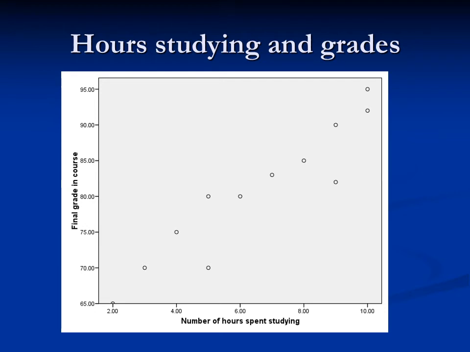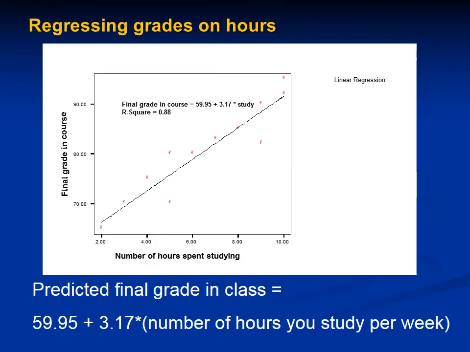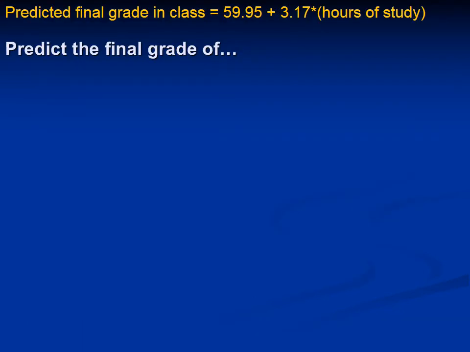Looking at the scatter diagram that we had earlier on of final grades and the number of hours spent studying, plotting a scatter diagram, and then later on identifying where the line of best fit passes, you find that we had r squared as 0.88, and then we have a line there of 59.98 plus 3.17.